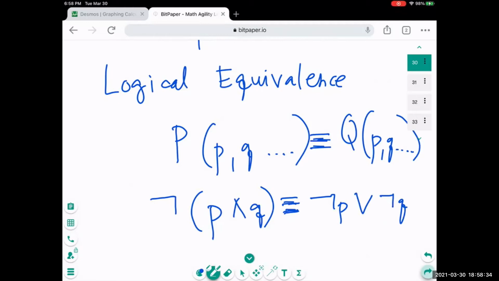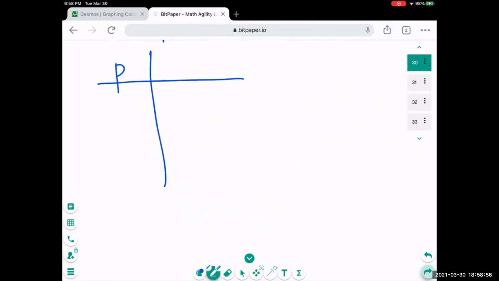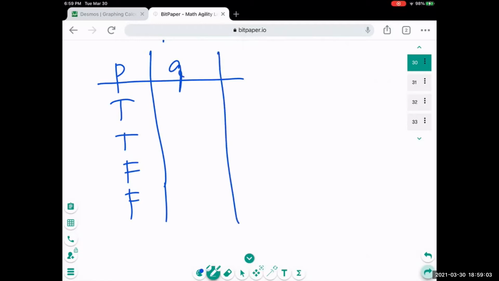Okay, so let's try to prove yung equivalence na to by using the truth table. Meron na naman tayong P and Q. So let's try to draw the truth table. If I have P, true, true, false, false. And then I have Q. Sa Q naman, solid siya, true, false, true, false.